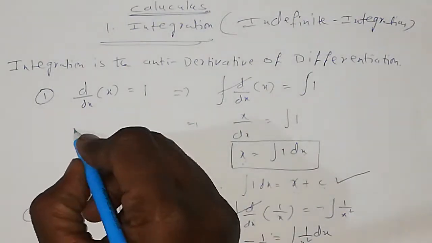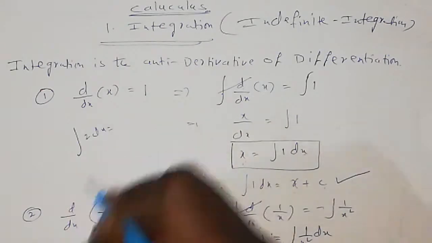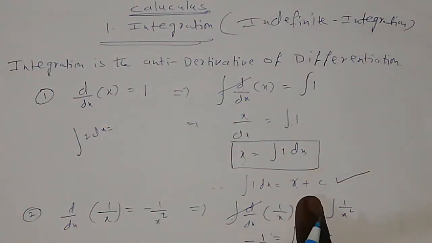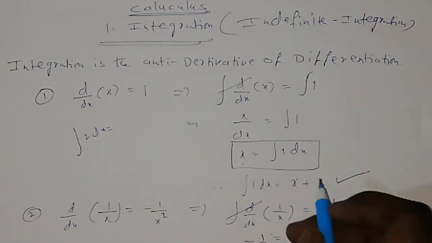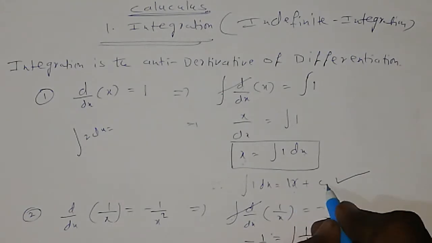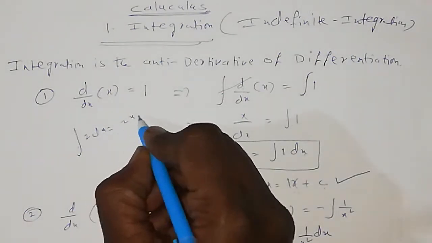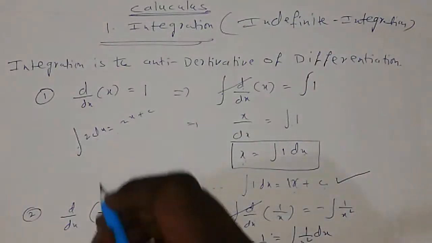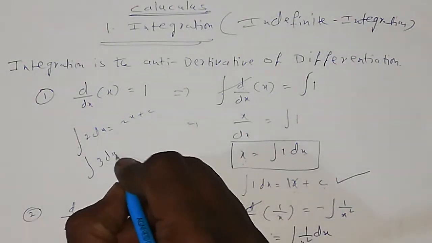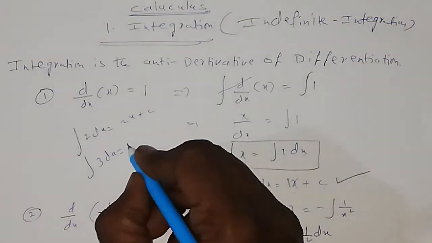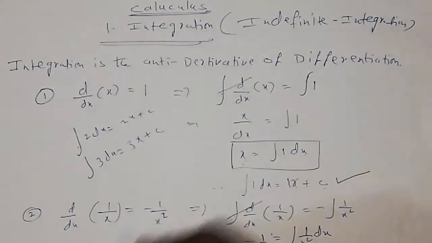Same as integration of 2 into dx. Integration of 1 into dx is nothing but x, which is here 1x plus c. So integration of 2 into dx becomes 2x plus c. Integration of 3 into dx is nothing but 3x plus c.